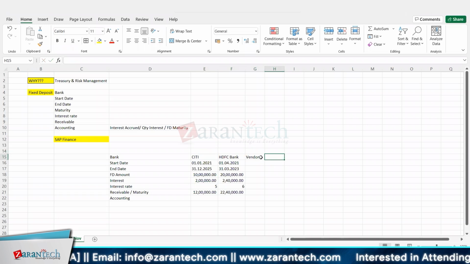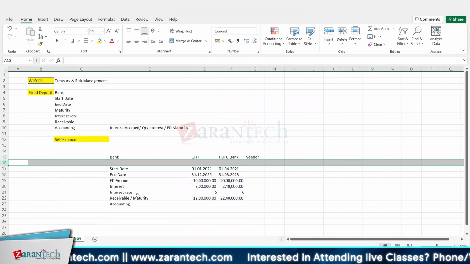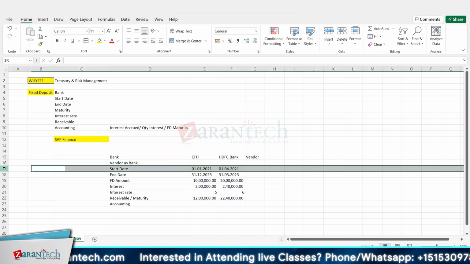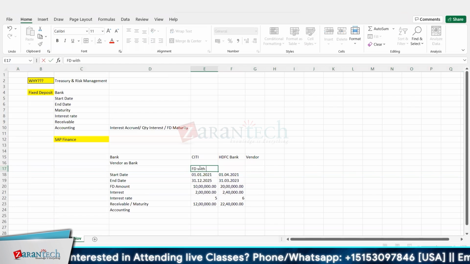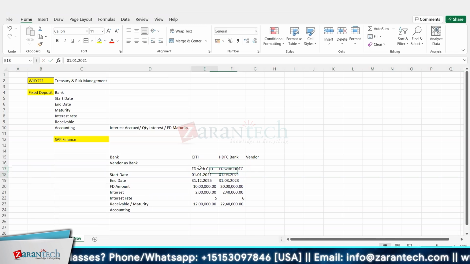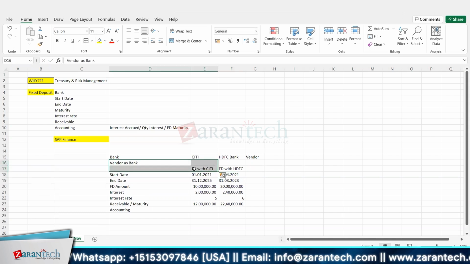So vendor and then reconciliation account, you would create your vendor as bank, and you will say GL account. You can say fixed deposit with Citibank, and here fixed deposit with HDFC, right?